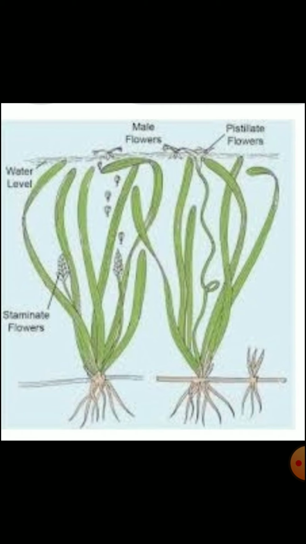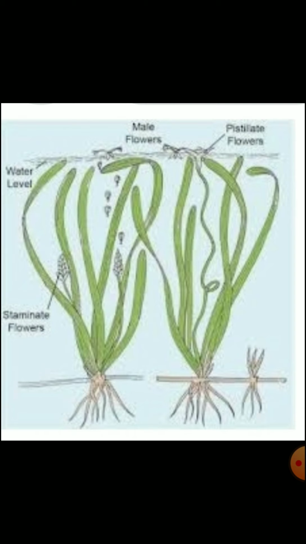In your book, page number 37, a Vallisneria diagram is given, with a male plant and a female plant. Now what are the characteristics of water pollinating flowers? Pollen grains are produced in large numbers, and they have a specific gravity almost equal to that of water, so that they remain floating below the surface of water.